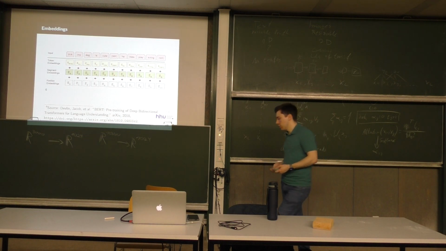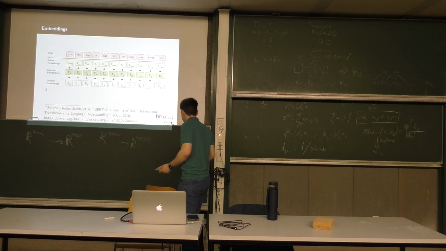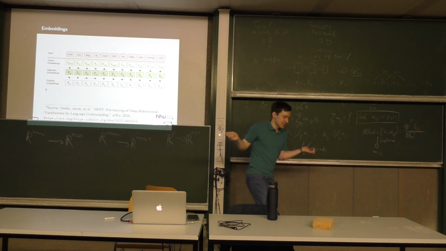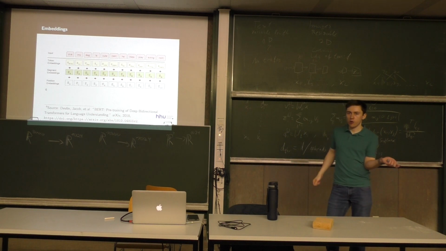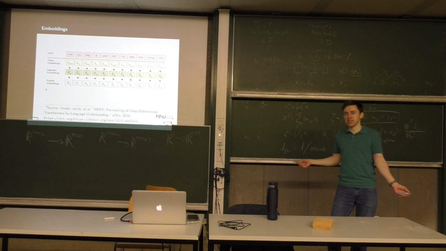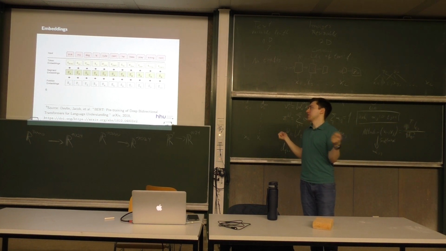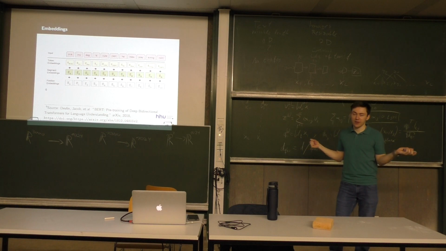So there you only learn two embedding vectors. You might say this is not necessary because you already have the separation token, and the network should already know which is the first and which is the second sentence. But again, it just turned out it learns faster and better this way.